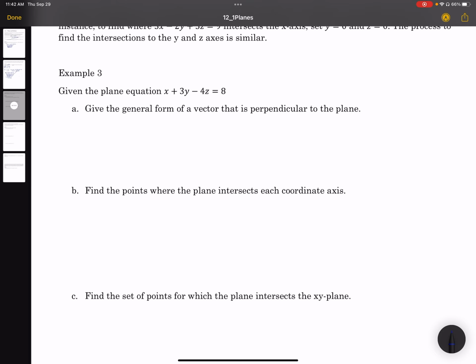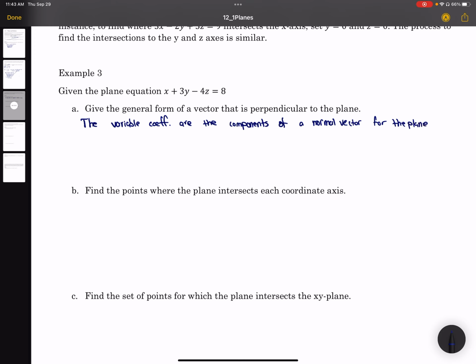So we're going to say the coefficients. Let's write a full sentence. The variable coefficients are the components of a normal vector for the plane.